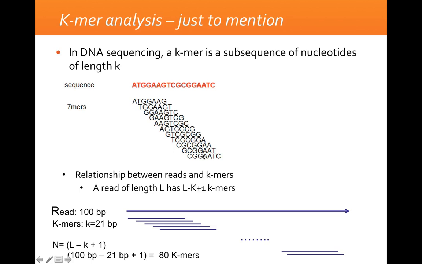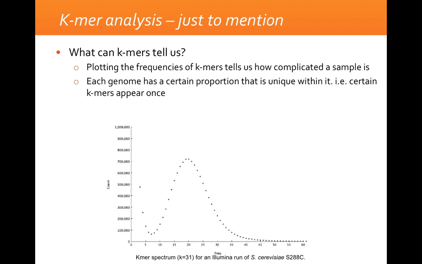So you produce a lot of 7-mers from this sequence in red here. These are Kmers. And it's possible to use Kmers to give you an idea of the quality of your sample.